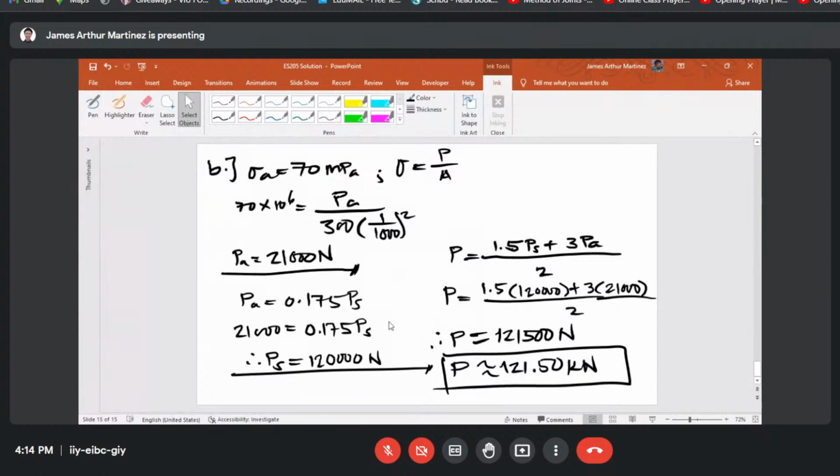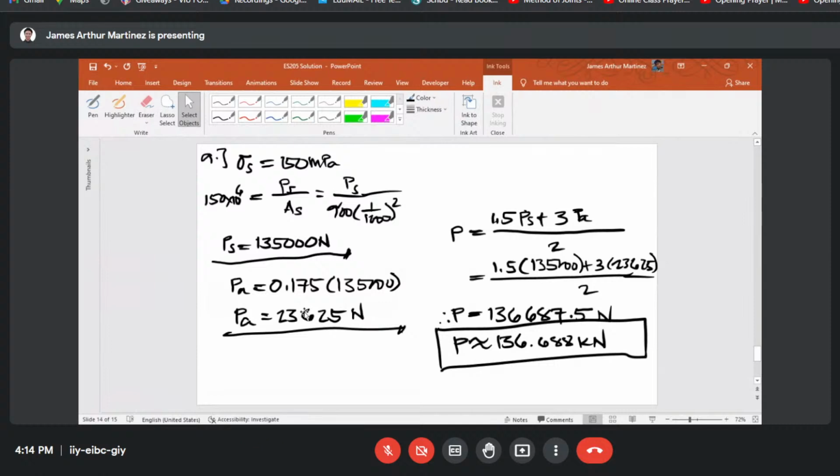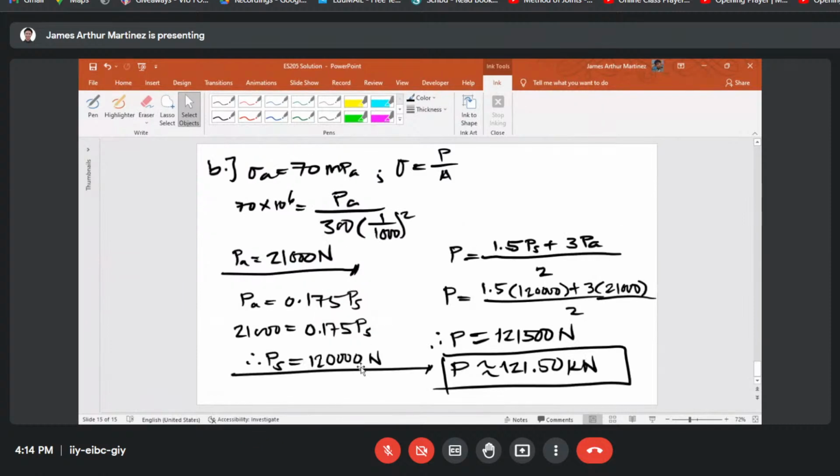So aluminum cannot withstand it if the internal reaction of steel is 135,000 newton. That's why the value we adopt for steel is 120,000 newton, so that in both aluminum and steel, the normal stress is not exceeded. Okay?